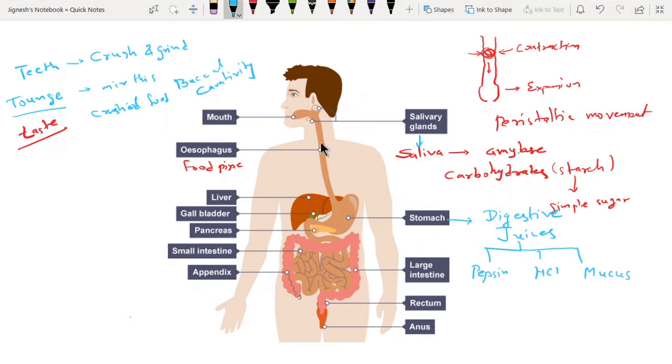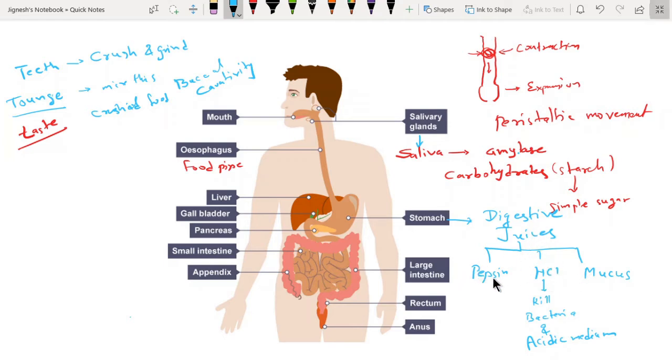When the food comes over here, broken down into small parts, the HCl kills the bacteria which enter along with the food and gives an acidic medium. So guys, this is very important.